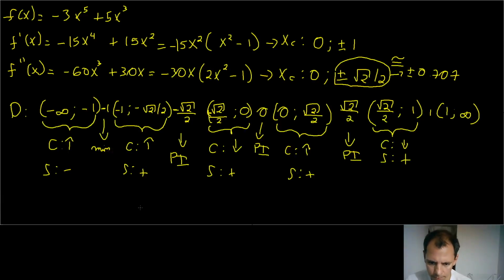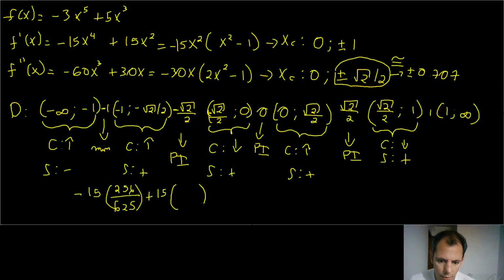Minus 15, I'm going to do here, minus 15 times 4 divided by 5 to the 4th. So it's 256 divided by 625 plus 15 times 4 divided by 5, so it's 16 divided by 25.